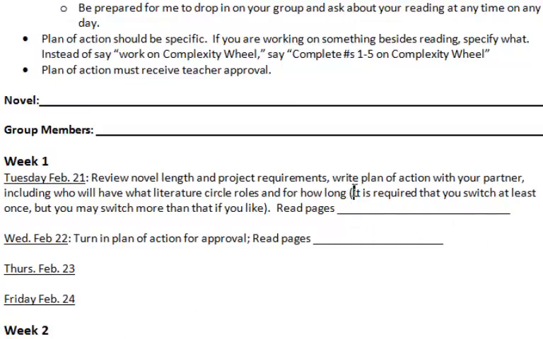So in other words, if you decide on a certain person being the literary luminary for your first literature circle discussion, they should not be literary luminary for every single discussion. At some point you need to switch and take on a different role.